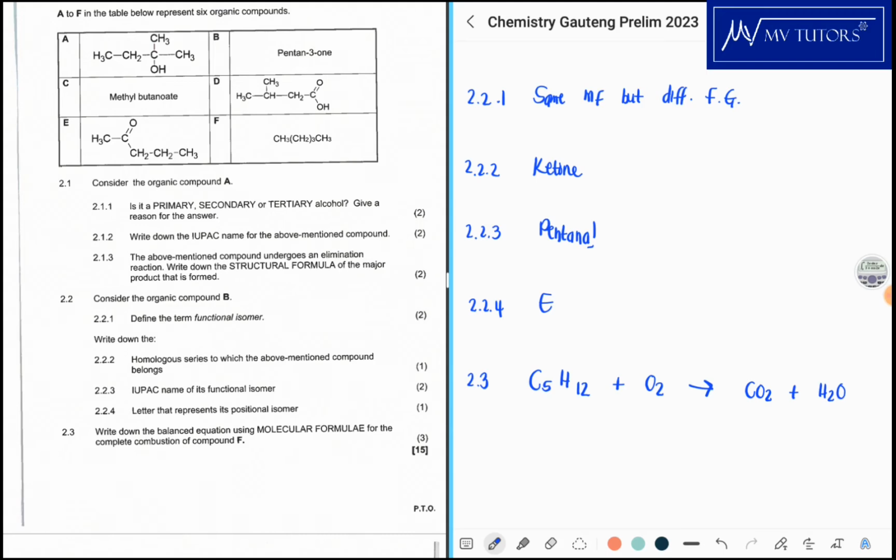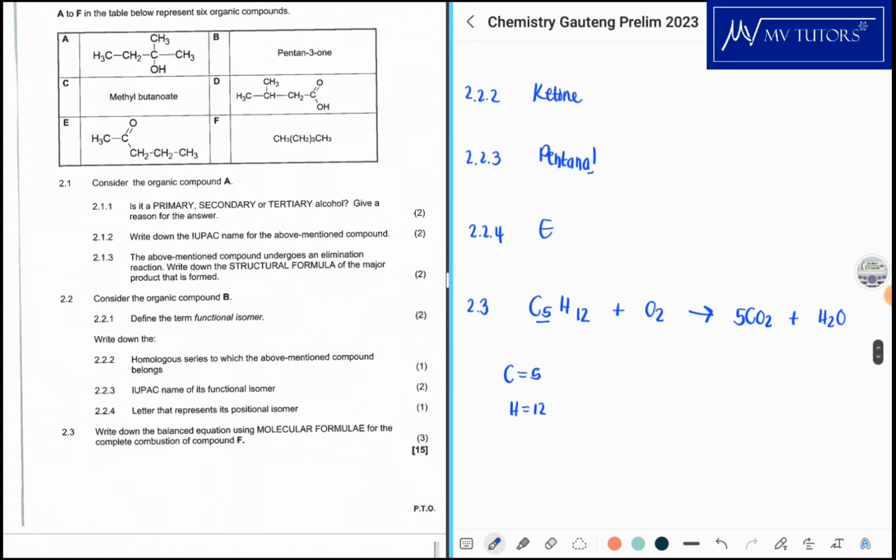Now we need to balance, because we have 5 carbons over here, so we just need to put a 5 there. Our hydrogens are 12, and our oxygens, we have 2 of them. Here we just equalized the carbons, so we put 5.